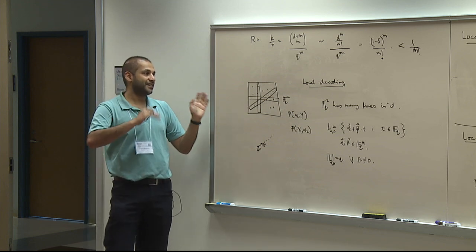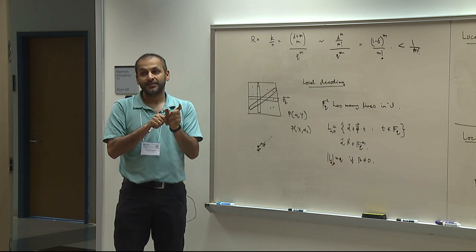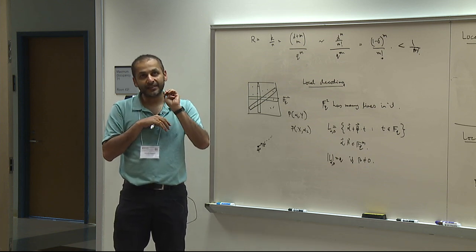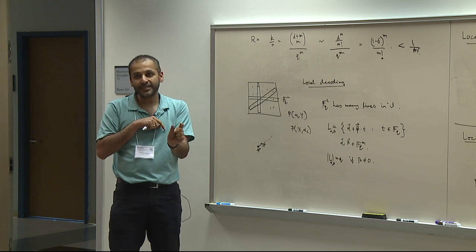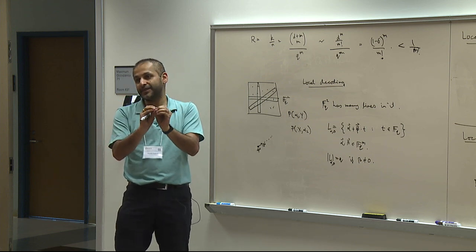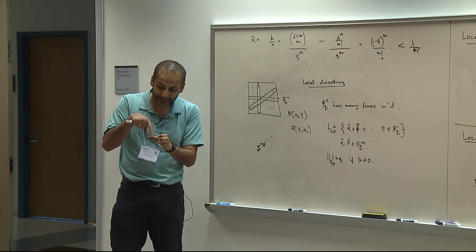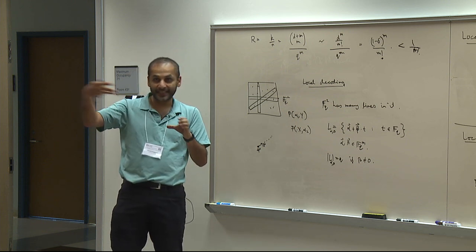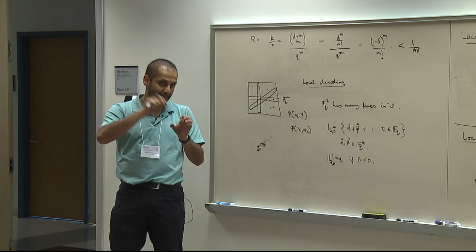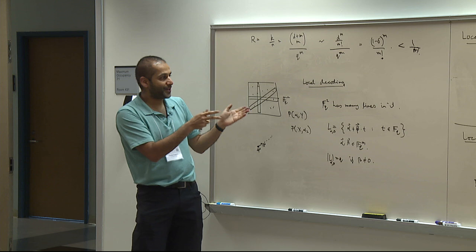Expander codes have a lot of redundancy. There are small subsets of coordinates where you can test whether something good happened or not. There are small relations, that this coordinate plus this coordinate should equal this coordinate. If there's a constraint connected to those three coordinates, you know that this plus this should equal this. So there's some hope for local decoding in that sense.